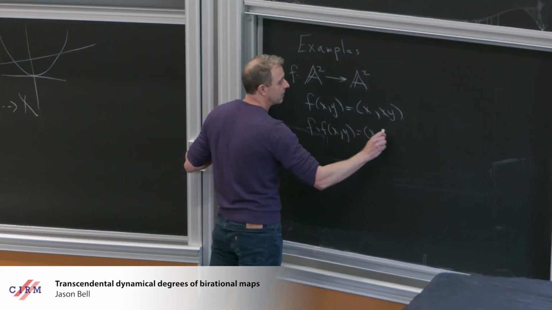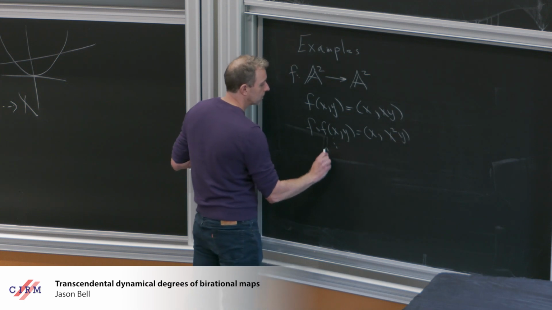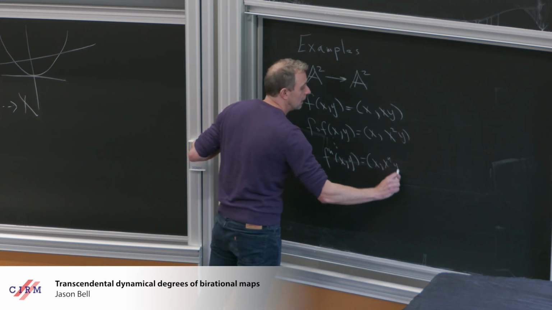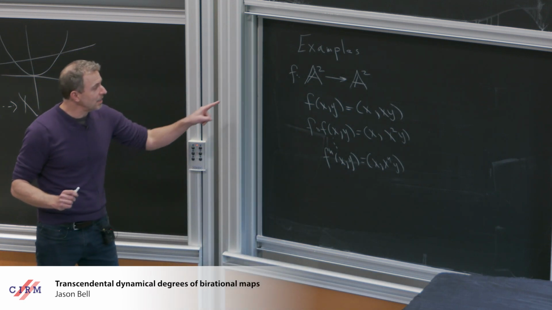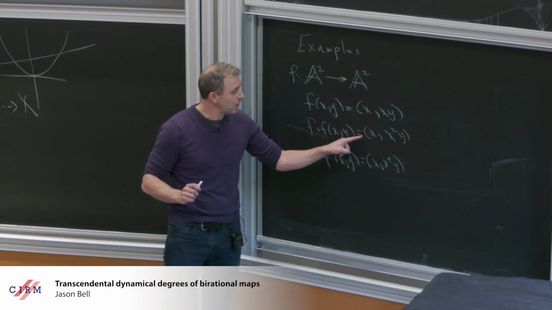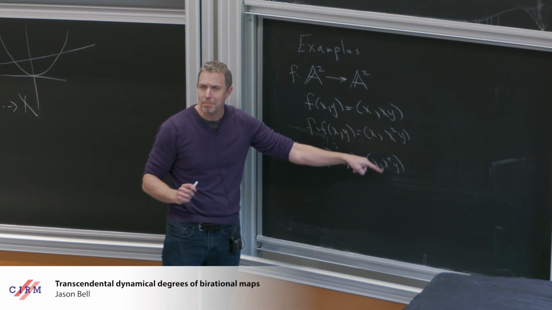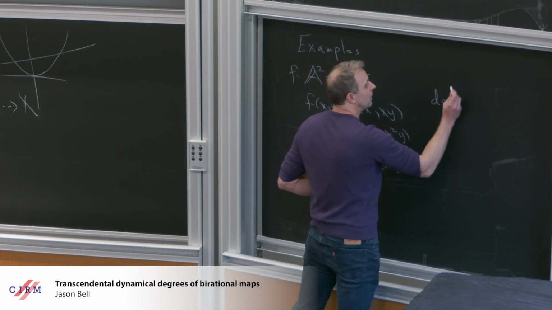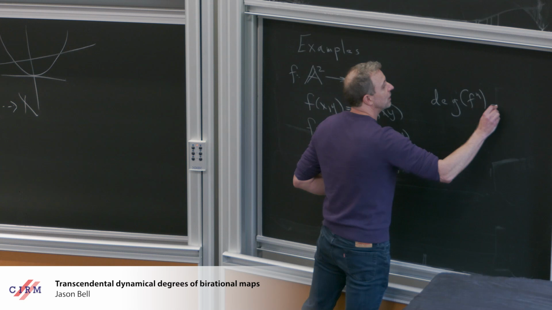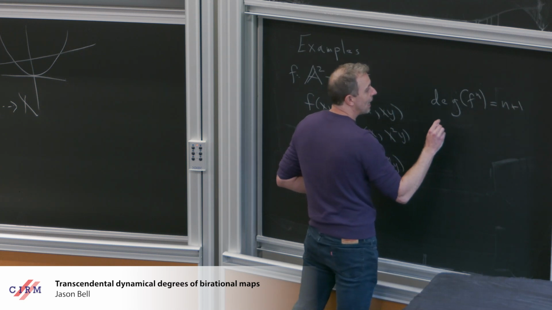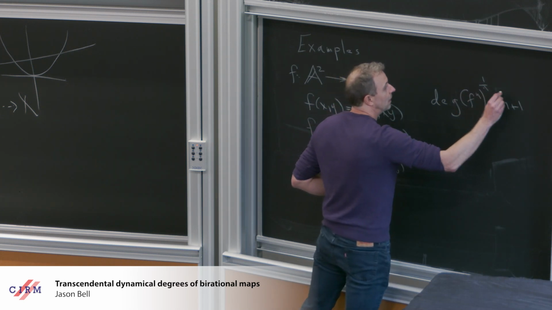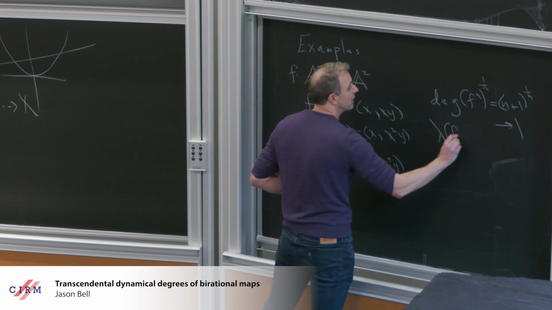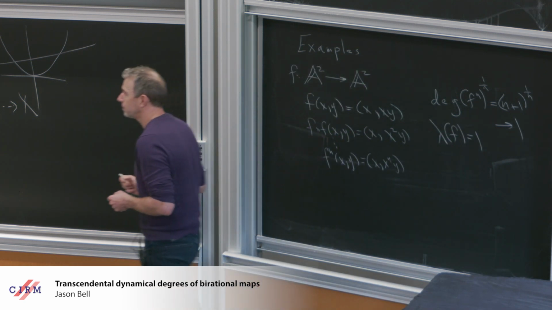We get x... and I can see, I mean, I'd have to make sense of this, but I can see the degree should be n plus 1 in this case. So the degree of f to the n is n plus 1. And if I take the nth root of this, I see the dynamical degree of this f is 1.